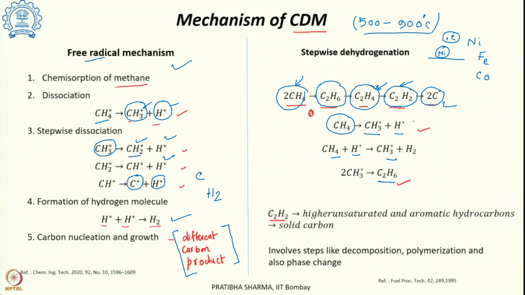In all cases, for the free radical mechanism and stepwise dehydrogenation, the final products will be solid carbon and hydrogen gas. I already told you that some higher unsaturated hydrocarbons and aromatic hydrocarbons will be produced. These have very promising applications in different chemical industries and the energy sector.